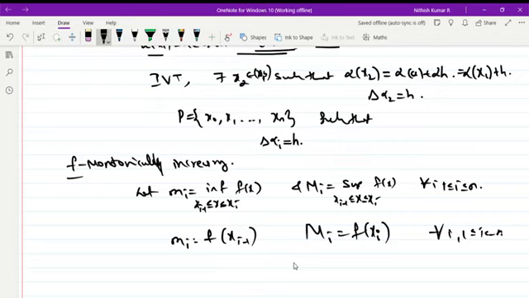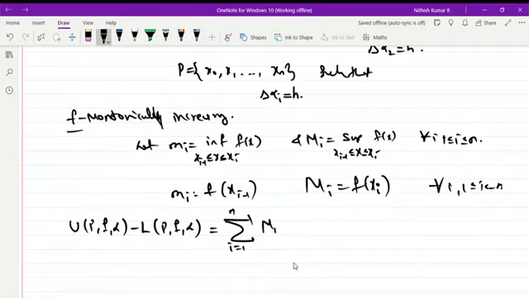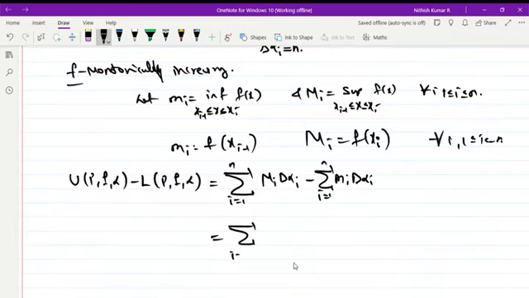Now consider U(P,f,alpha) minus L(P,f,alpha). Using the definition, it is nothing but summation i equal to 1 to n of capital Mi delta alpha i minus summation i equal to 1 to n of small mi delta alpha i, which is nothing but summation i equal to 1 to n of capital Mi minus small mi into delta alpha i.